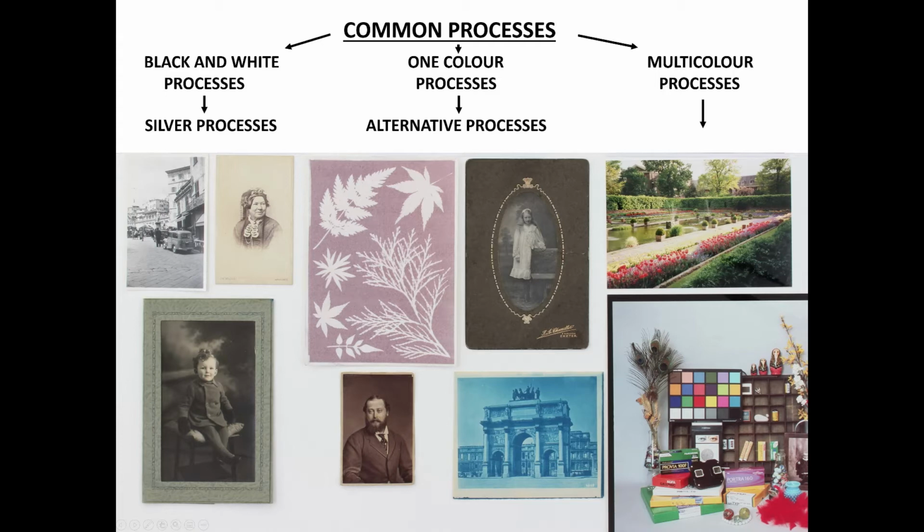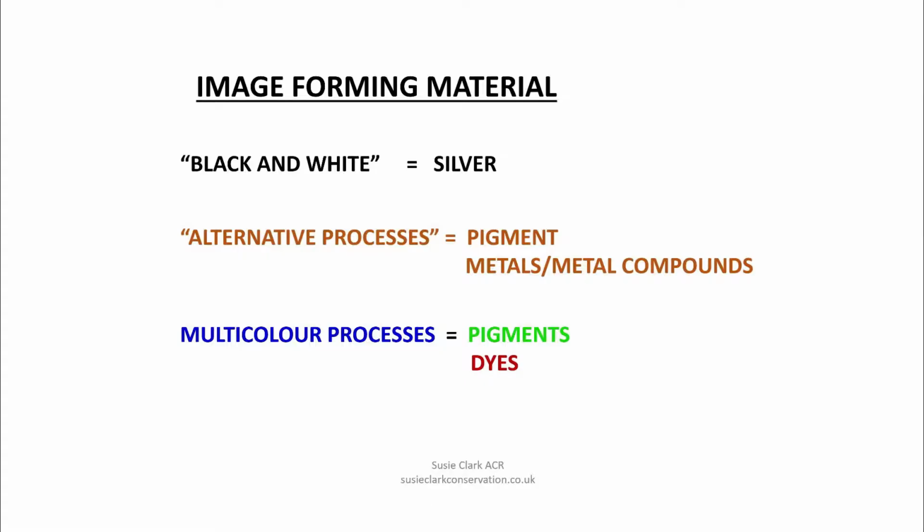The term alternative processes is used to describe one colour images other than silver, and so we can summarise what you've just seen visually represented like this. So black and white are silver, alternative processes have images made from pigment or metals or metal compounds, and multicolour processes have images made from pigments or dyes.